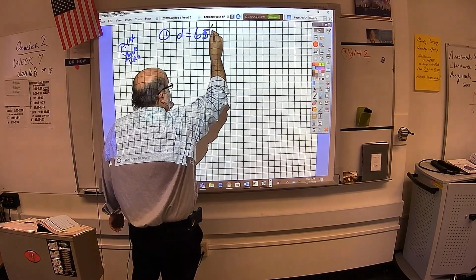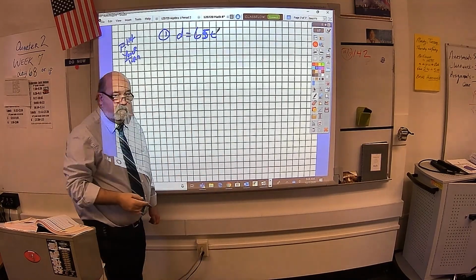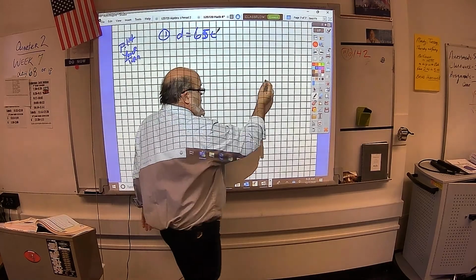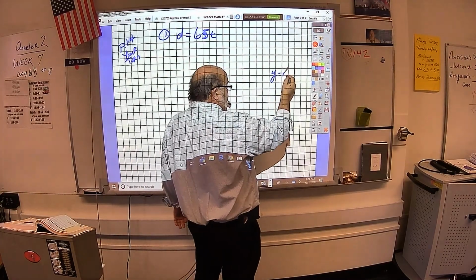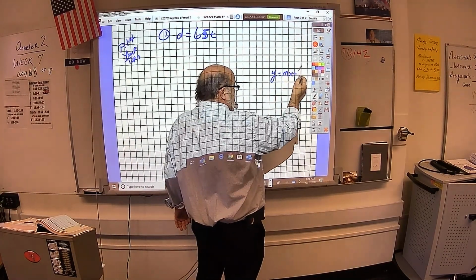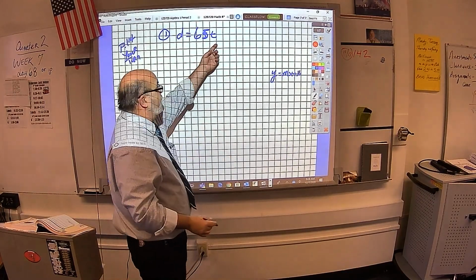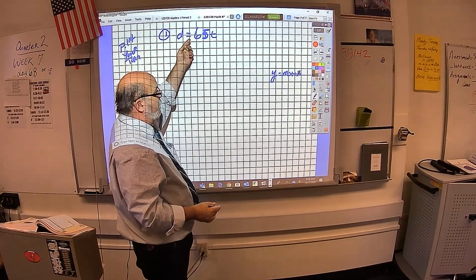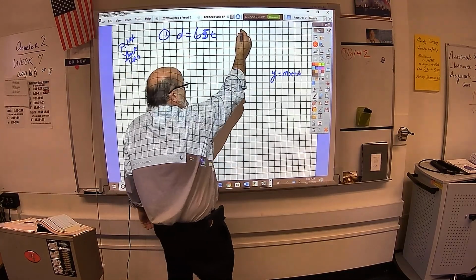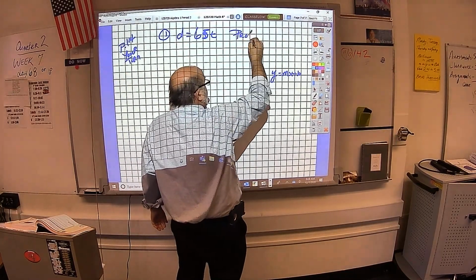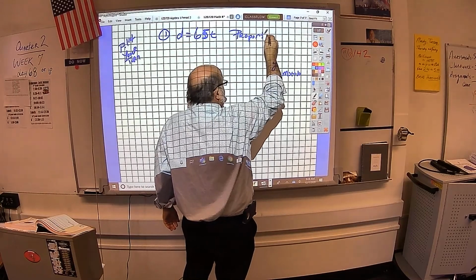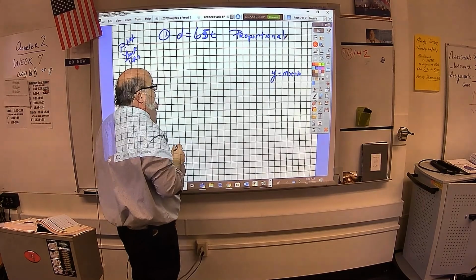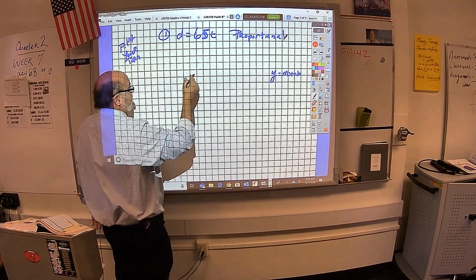I don't have y equals mx plus b, so the b must be 0. 0, 0 is part of this equation, so this is proportional. I'm going to say P or non-P for each one.